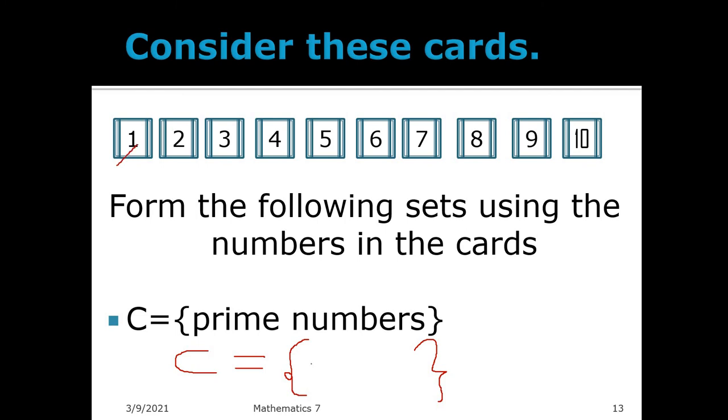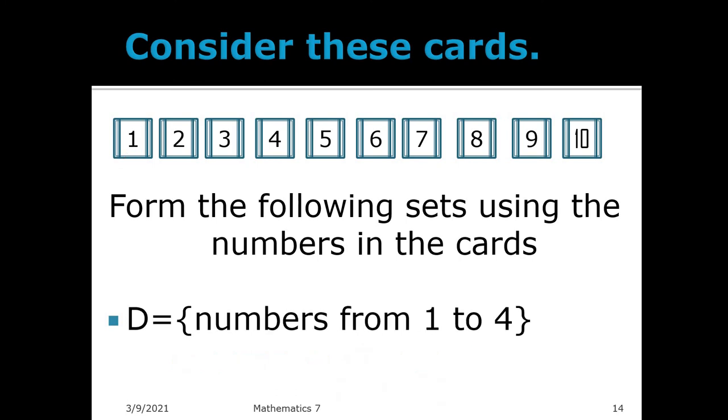So we start with 2. 2 is a prime number. 3, 5, 7. So these are the only prime numbers from 1 to 10.